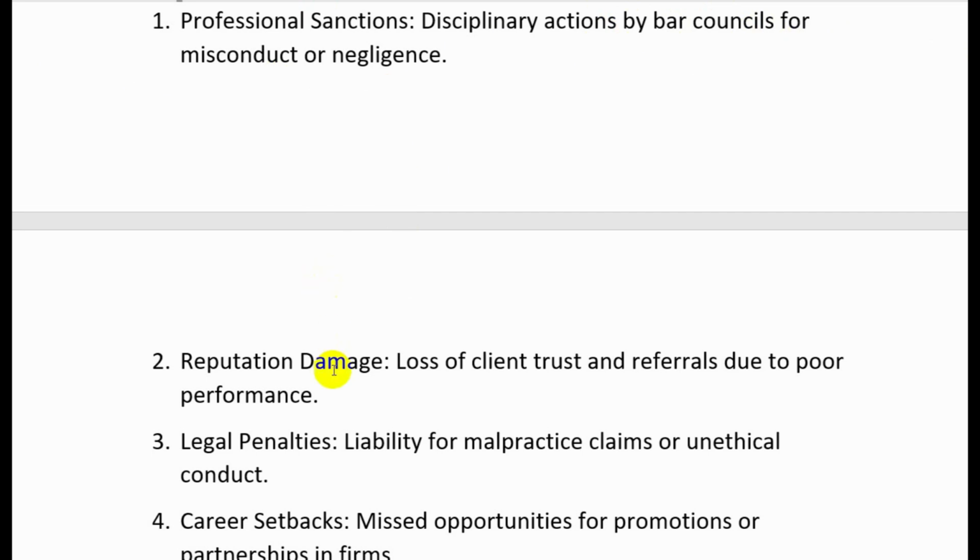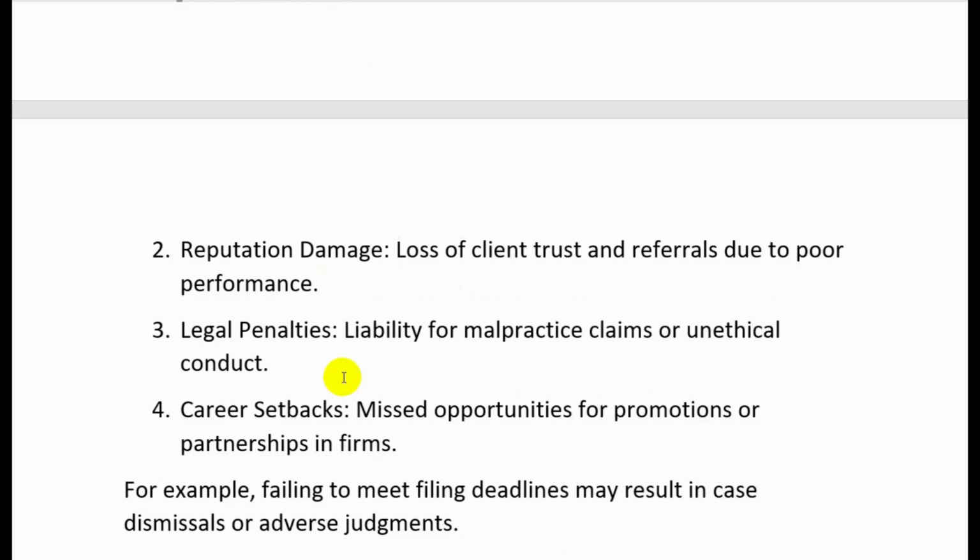Then there could be reputation damage, loss of client trust, or referrals. Referrals are very important in building up our practice, which could directly impact on the performance. Legal penalties, liability for malpractice claims. The client can claim liability for malpractice or unethical conduct.